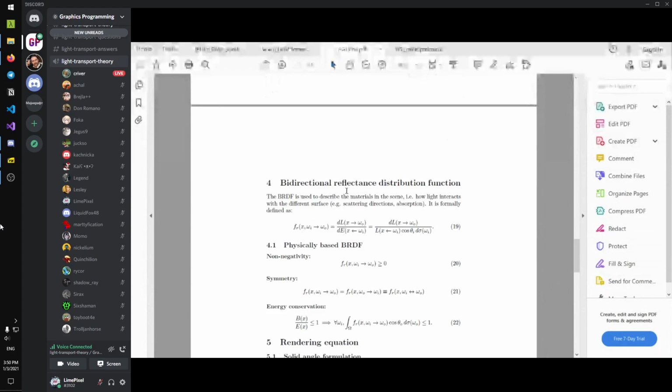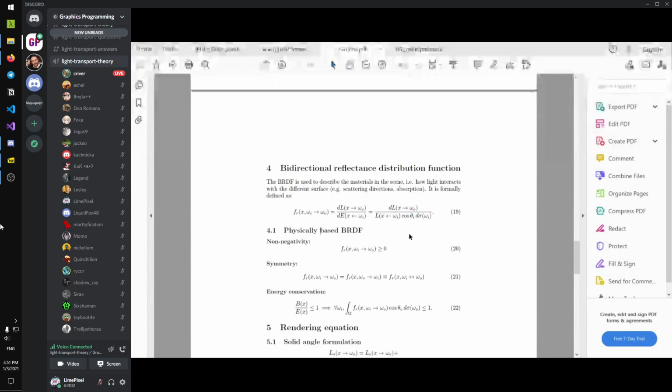So what's really the BRDF? Well, it tells you, based on some falling radiance, so we have an incident light direction omega I and an outgoing light direction omega O, you care about how much of the light that falls on x from direction omega I, multiplied by the cosine theta, so that's for Lambert's law, leaves in the differential direction omega O, how much differential radiance you have.